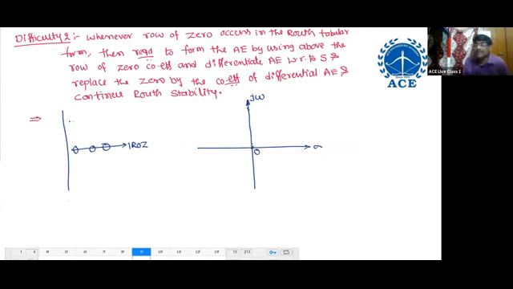Symmetrical about the origin means they may be on the real axis, or they may be on the imaginary axis.